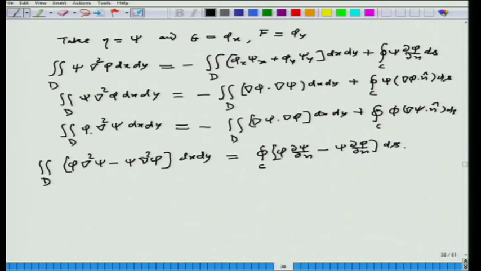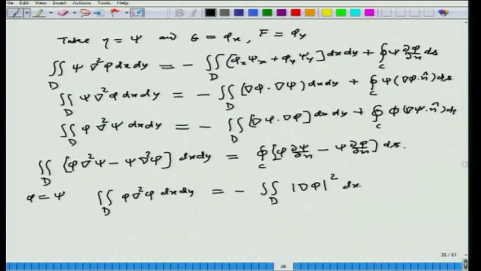If we write phi equal to psi in this, the dot product will give you the square of the gradient. So, we will have phi del square phi dx dy equal to minus integral of mod del phi squared dx dy plus boundary integral phi del phi by del n ds.